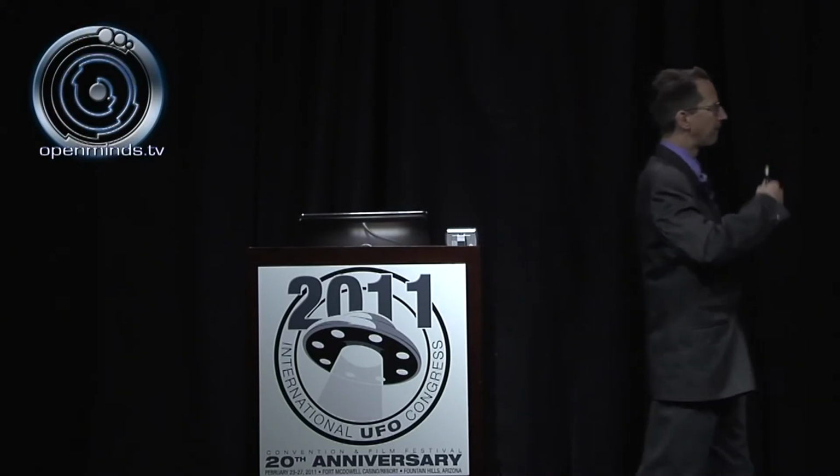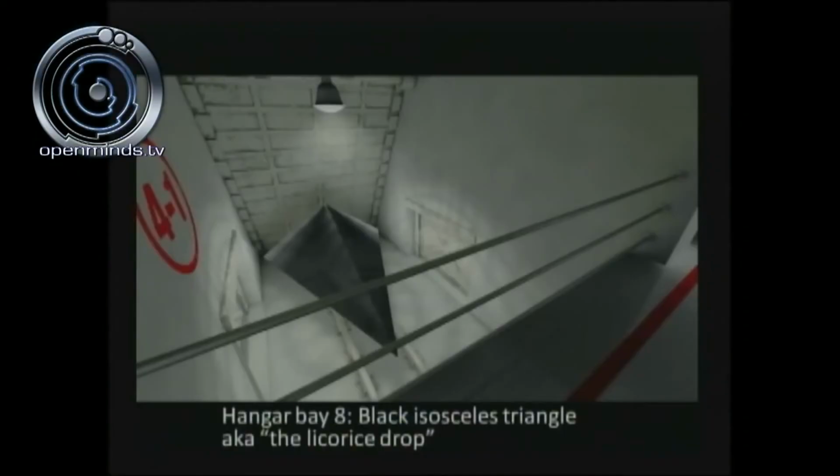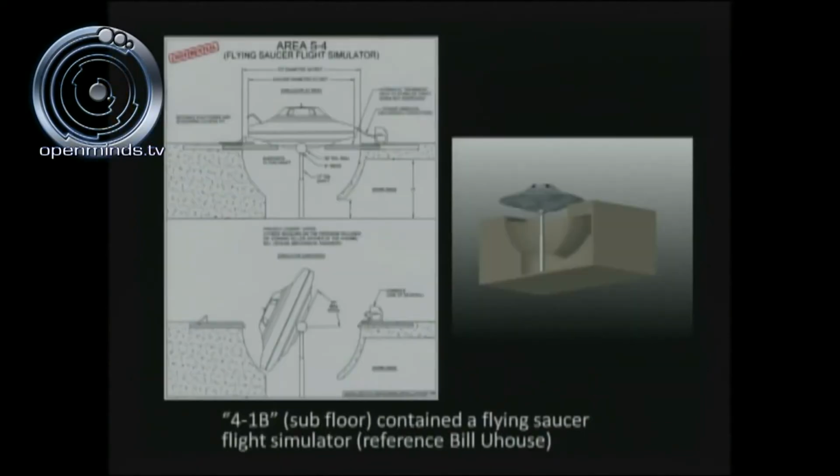Hangar Bay 8 was the only alien vehicle, because there's a difference between extraterrestrials and aliens. According to Dr. Dan Burish, the exterior, or what it looked like when you saw this craft, was like black liquid mercury that you could fall into. It was a very unique surface texture on this particular craft.